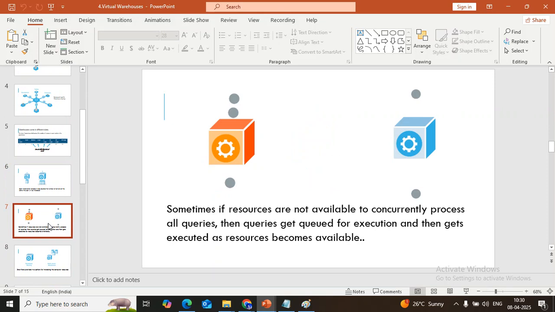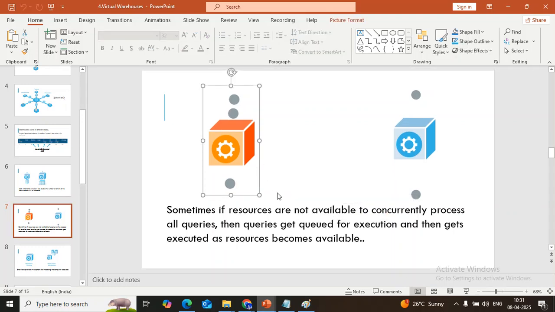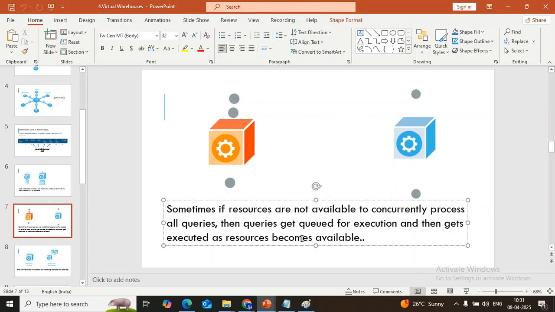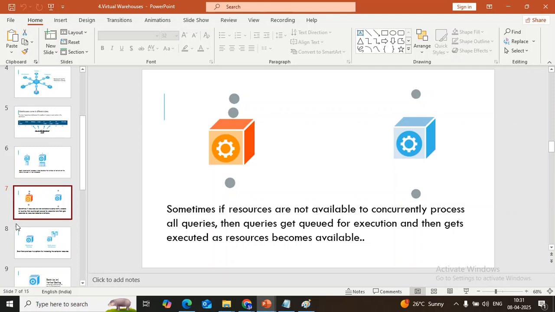Sometimes, if resources are not available to concurrently process all queries, then queries get queued for execution, and get executed as resources become available. Once a resource has completed its task, only then is another query processed, one by one.